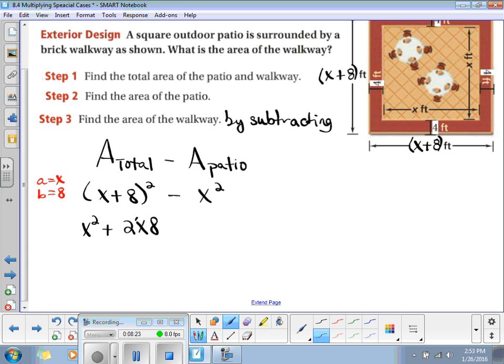Maybe I should put these in parentheses. Okay, 2ab plus b squared, plus 8 squared. And then we have to put the rest of the equation on, minus x squared.